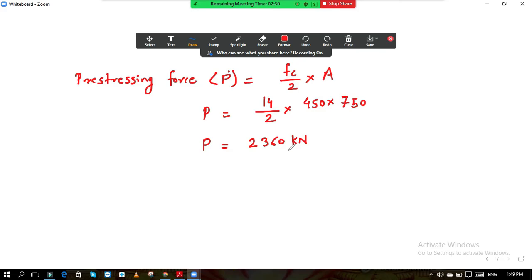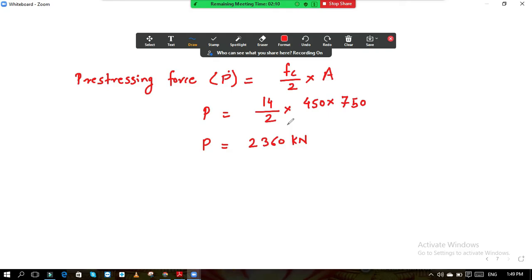Okay, is it right? Now after the calculation of this prestressing force, this is the value of prestressing force.